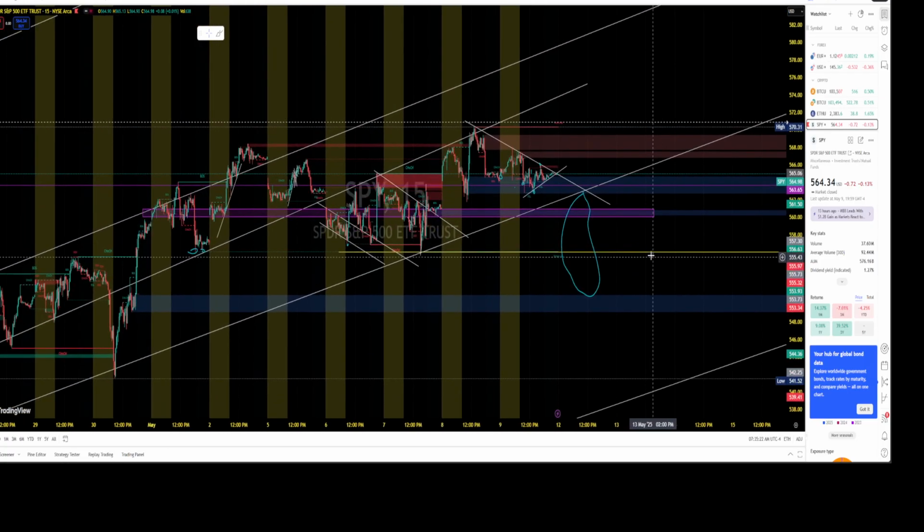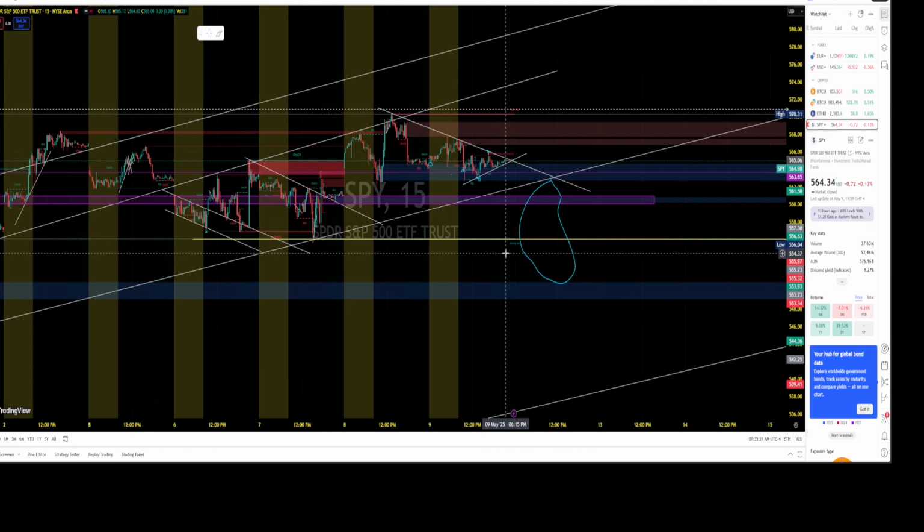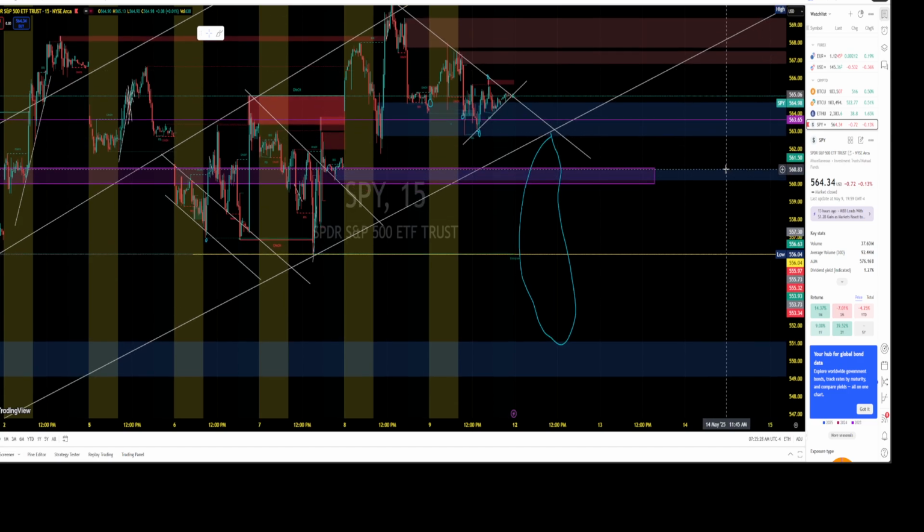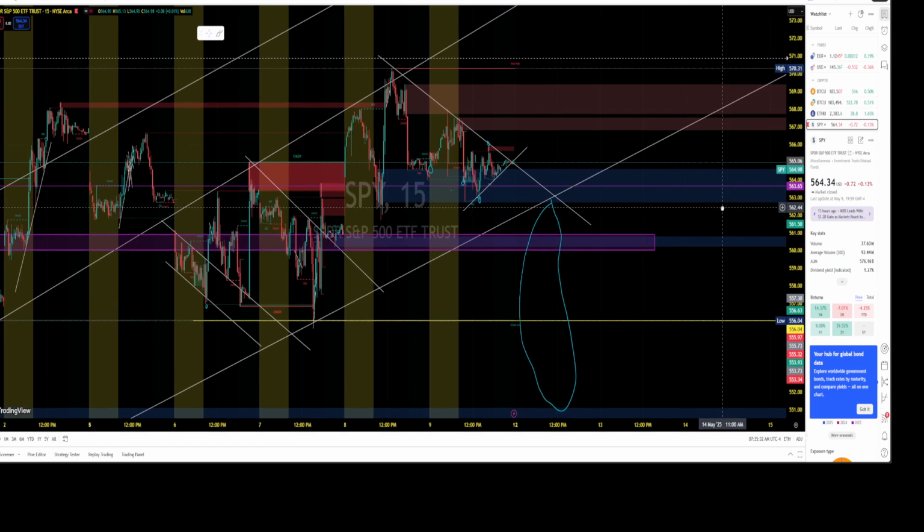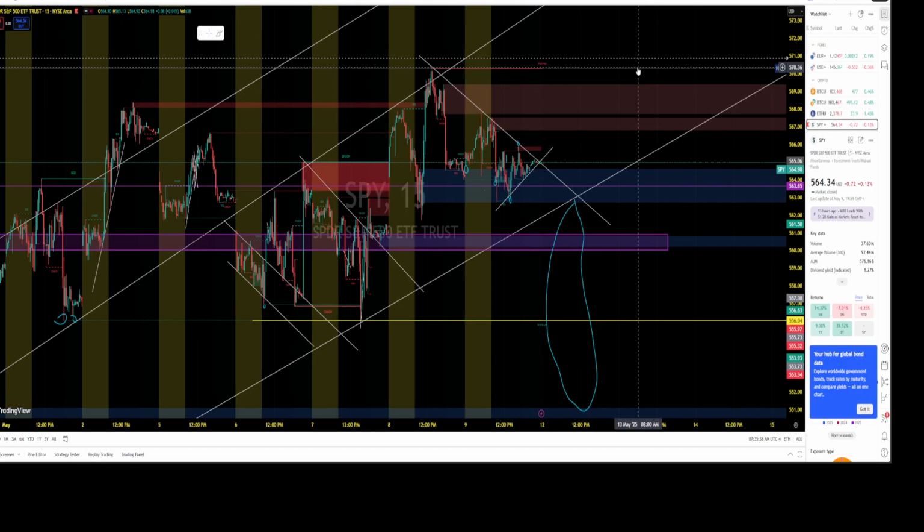So the best level to play for Monday would be the bigger levels, right? I must say I would wait for 560 for any calls, and for resistance we have already the all-time high, right, which is 570.